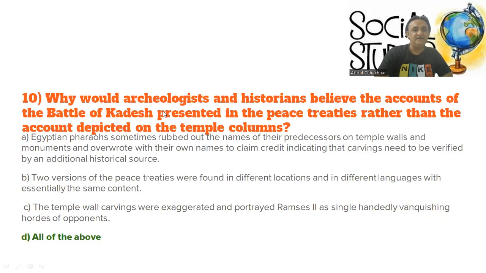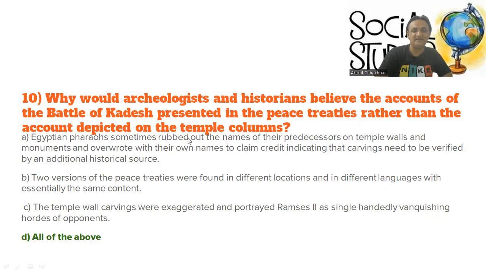Number 10: why would archaeologists and historians believe the accounts of the Battle of Kadesh presented in the peace treaty rather than the account depicted on the temple columns? Okay, so this is all of the above. Let's see the first part.